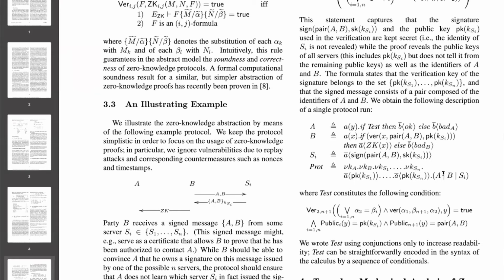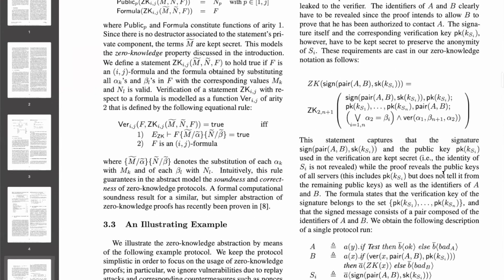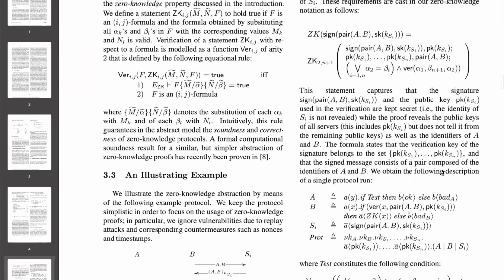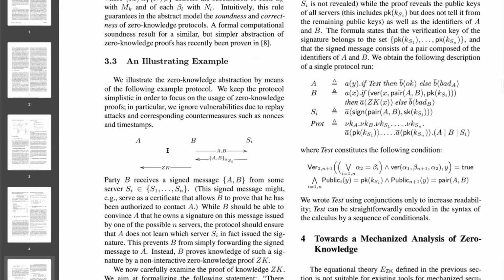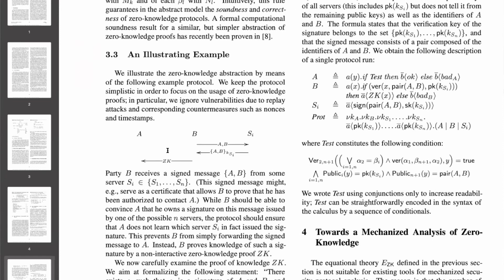So what are A and B? Let's see. Here's the message ping pong diagram. They don't really say what A and B are doing. So party B receives a signed message from one of the servers.